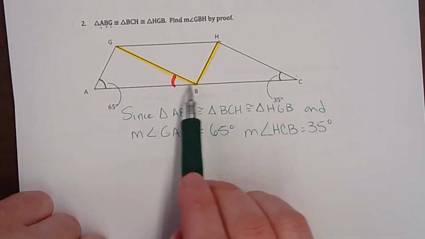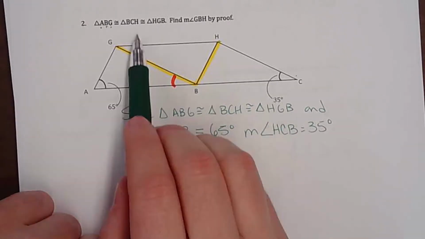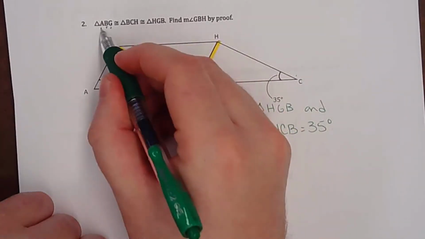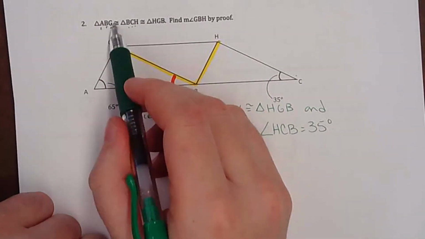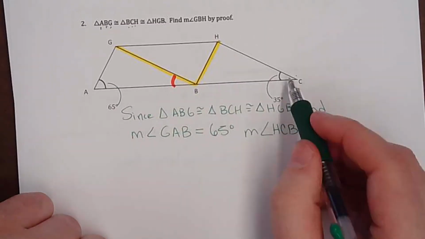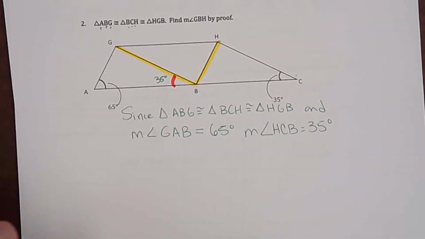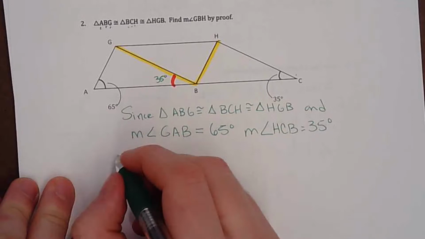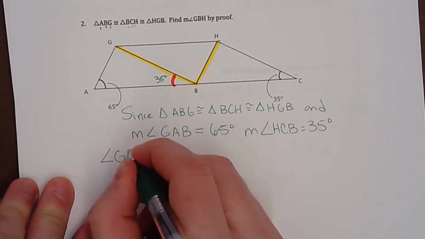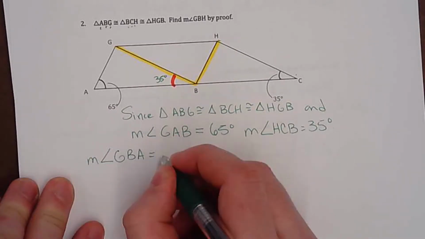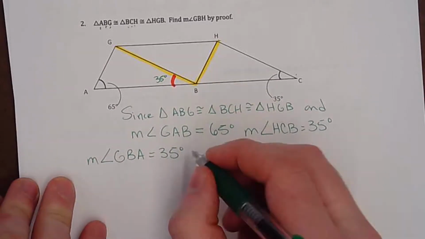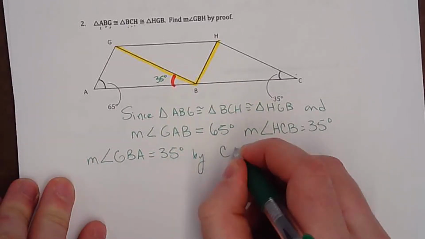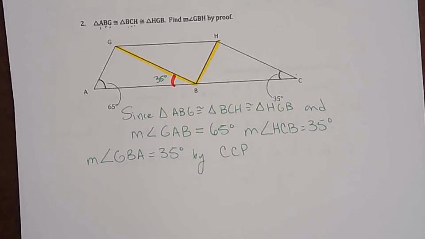And if you look at them, they do look like they are, aren't they? So because they're in the same order, last, middle, first, and the triangles are congruent, I can use CCP to show that this and this are the same. So this is 35. So let's write that. Let's write angle GBA, the measure of it, is 35 degrees by CCP. Okay?